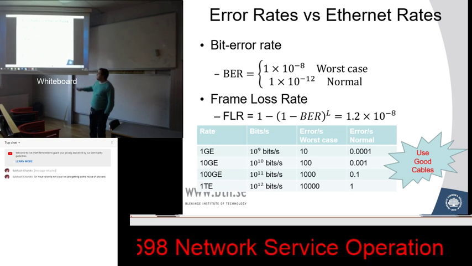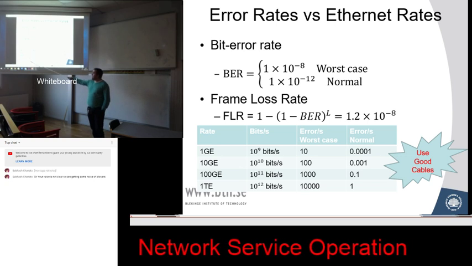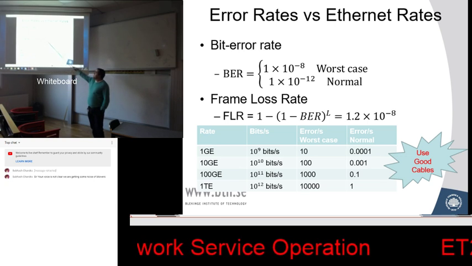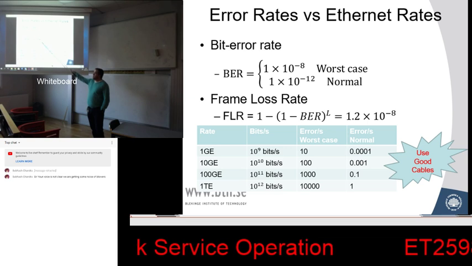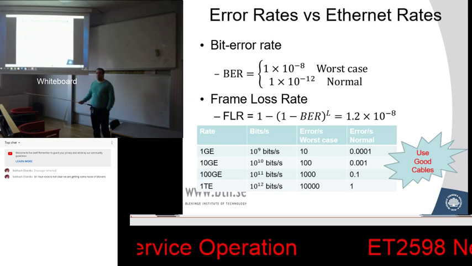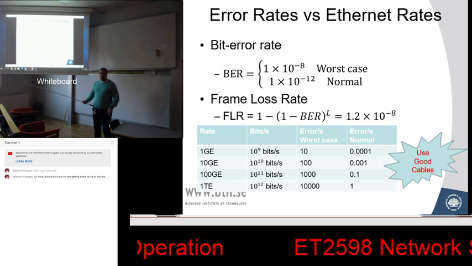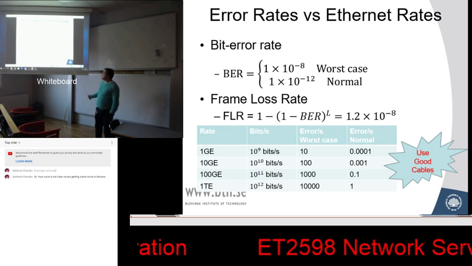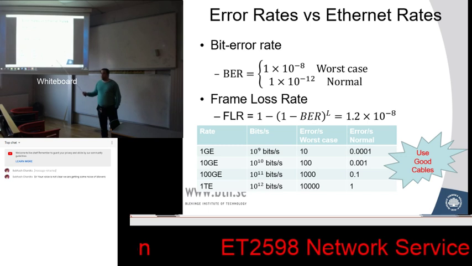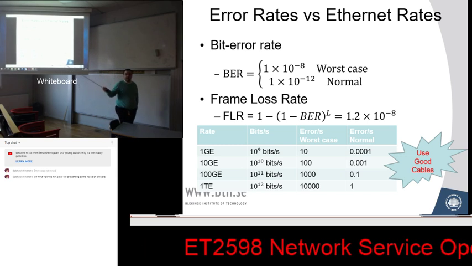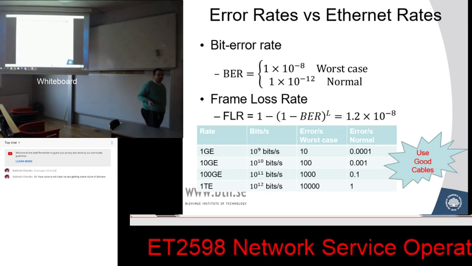So when you're increasing the rates, we need to make sure that the bit error rates are really, really small, because these errors scale really quickly. So the takeaway here is to make sure that you use good cables when you're transmitting.